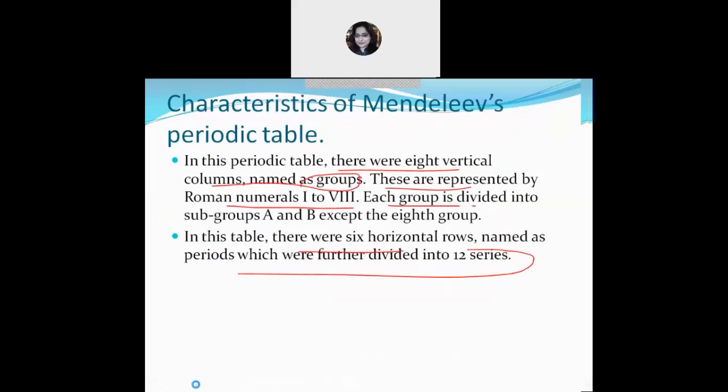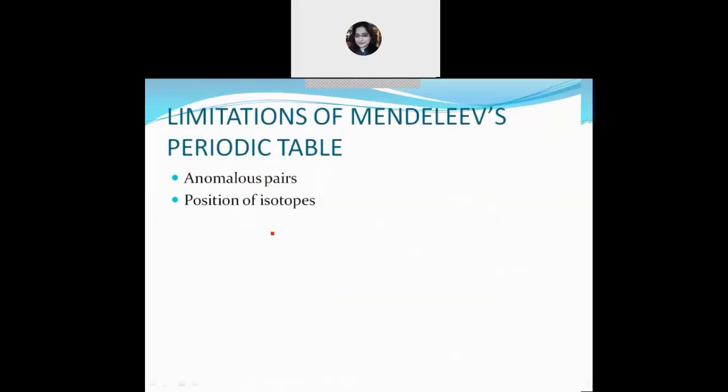Now what are the anomalies? First is the anomalous pair. In the original periodic law based on atomic masses, it was violated in the case of 4 pairs of elements in order to give them positions on the basis of their properties.